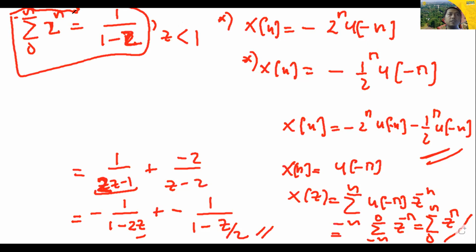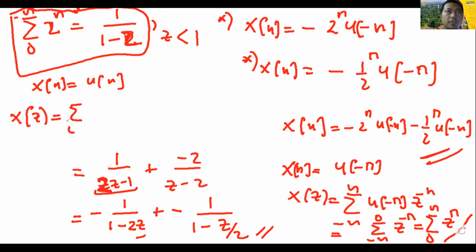Yeah, this one. Actually, why the un? If you compare, maybe the xn is un. The xn is un, so the z transform becomes z equal to the sum from 0 to infinity of z minus n, right?